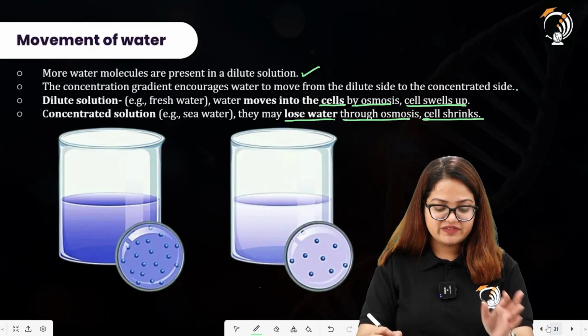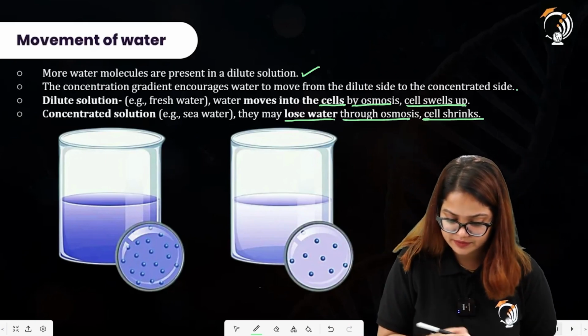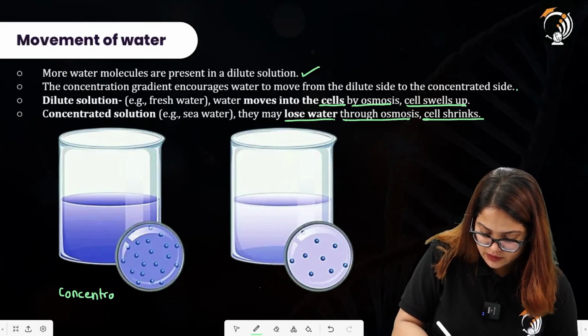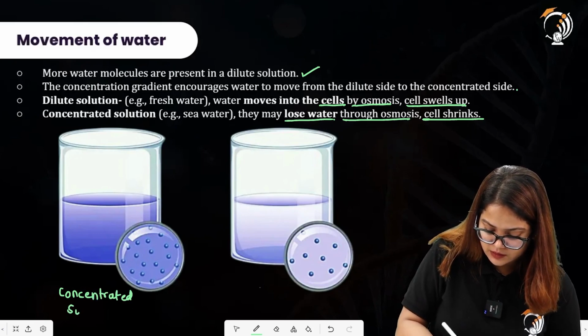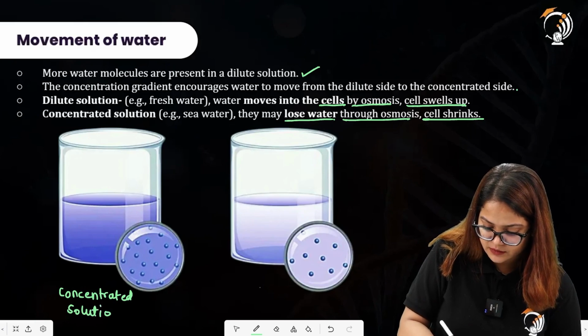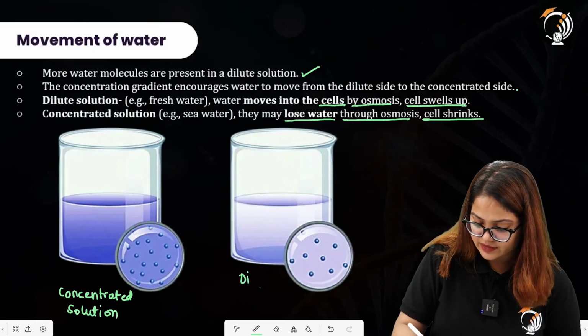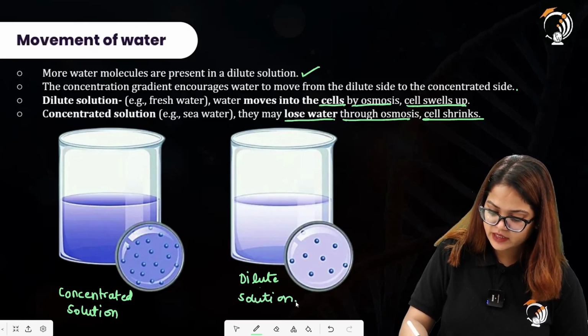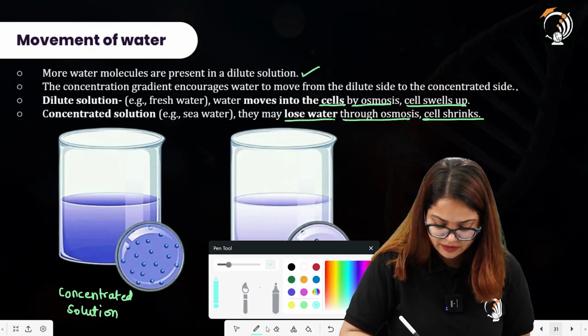So on the left hand side we have a concentrated solution. On the right hand side we have a dilute solution. And what can we infer from this diagram here?